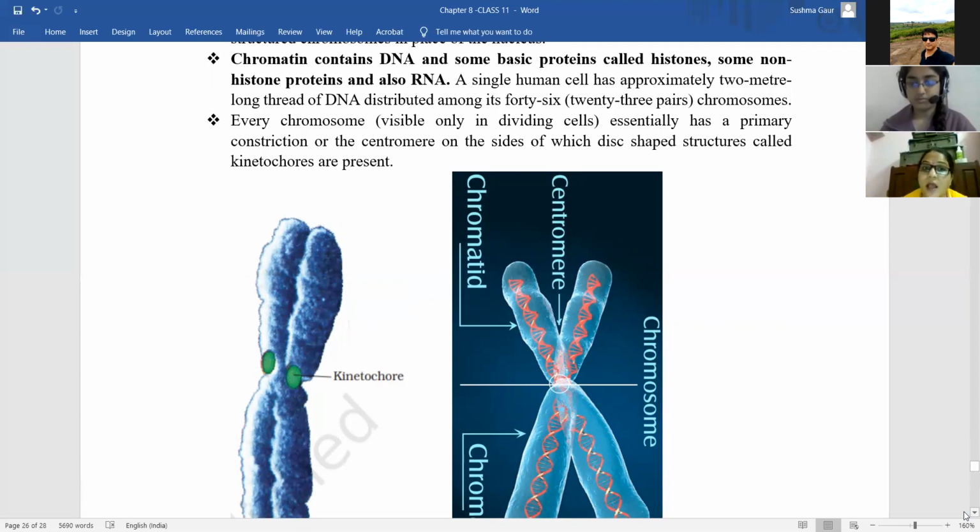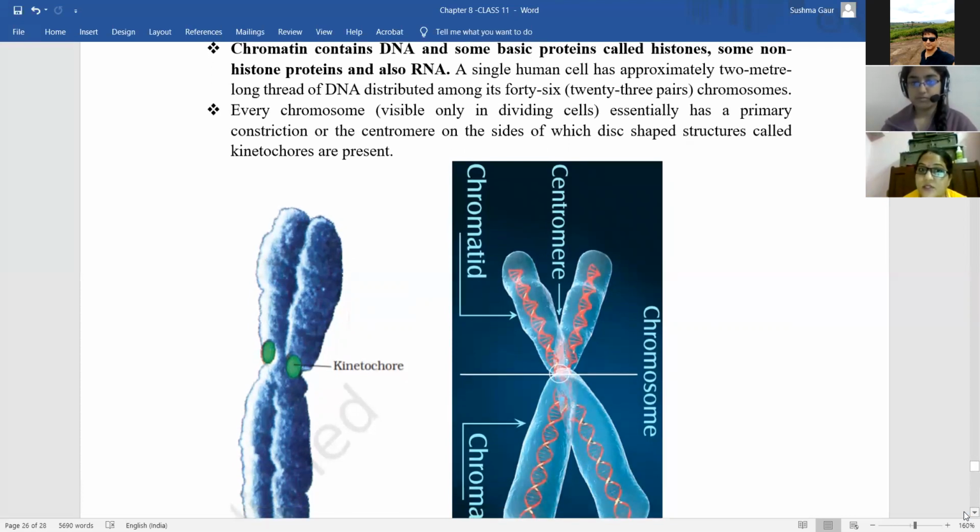Okay, so every chromosome that consists of 2 chromatids will be visible in a dividing cell only. It consists of a primary constriction. So what is primary constriction? Or the centromere, on the sides of which a disc-shaped structure is present, known as kinetochore. This is the primary constriction, the central region that connects 2 chromatids together.